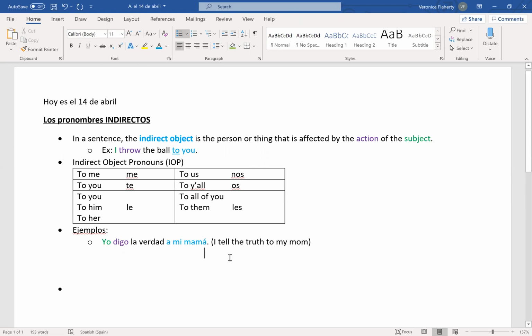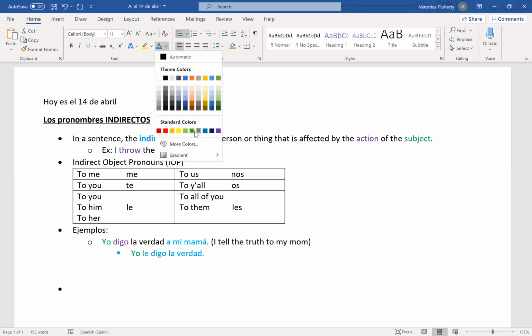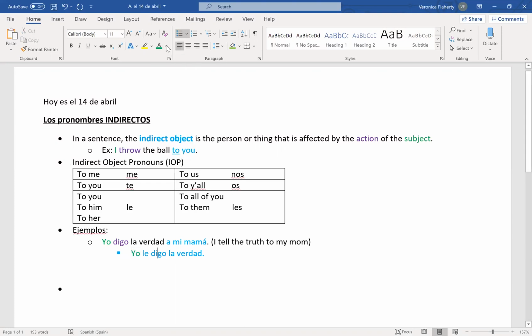So, what can we replace mi mamá with? Le, because it's one person. Does gender matter at all with these? No, it doesn't, because there's only one version.